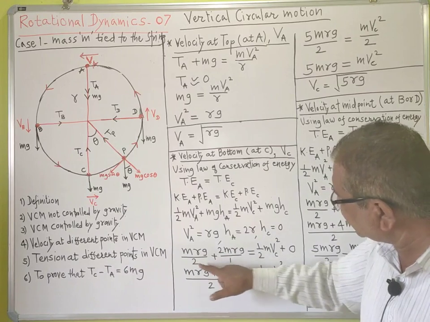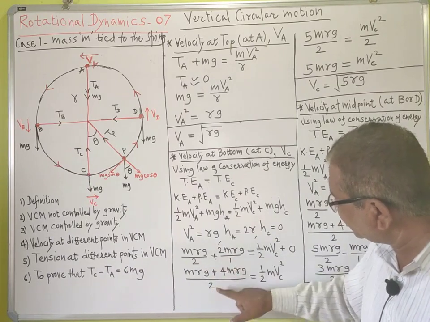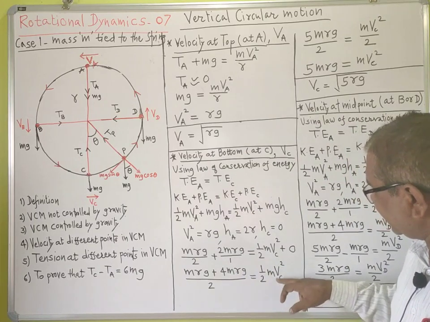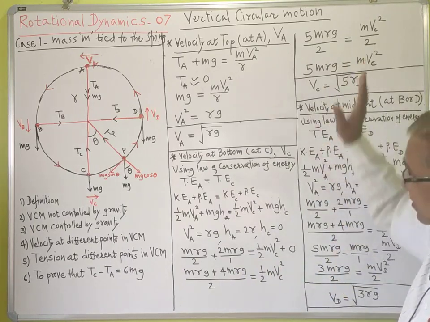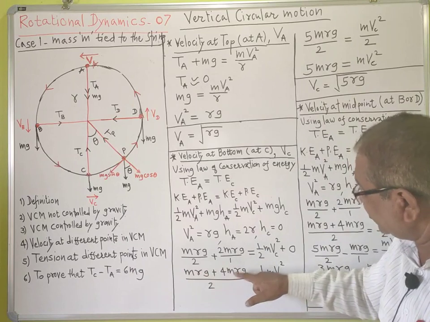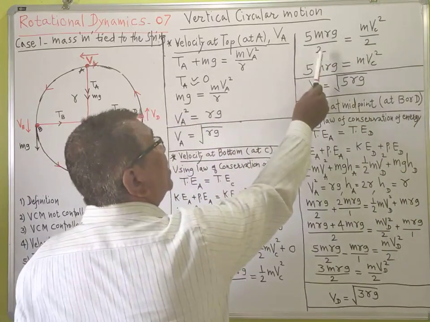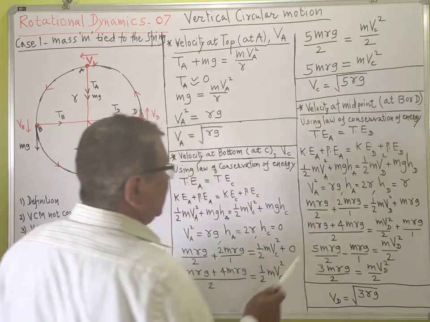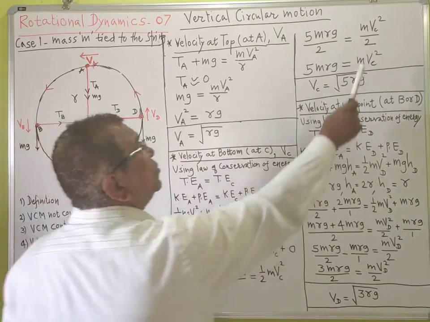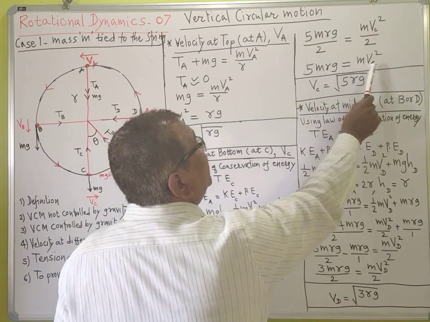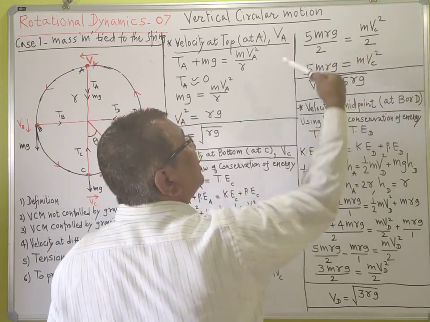And multiplication of these 2 into 1, we get 2. Equal to 1/2 mVC square. See here, mRG plus 4mRG, we get 5mRG. 5mRG upon 2 is equal to mVC square upon 2. So 5mRG is equal to mVC square because these 2 get cancelled here.